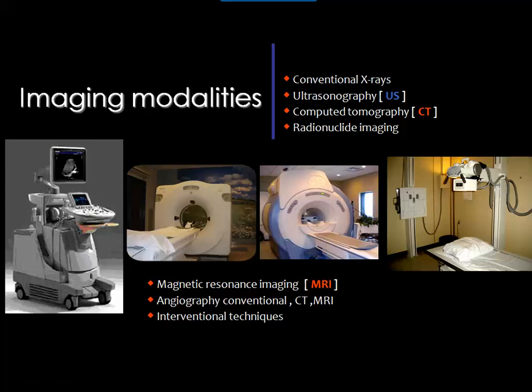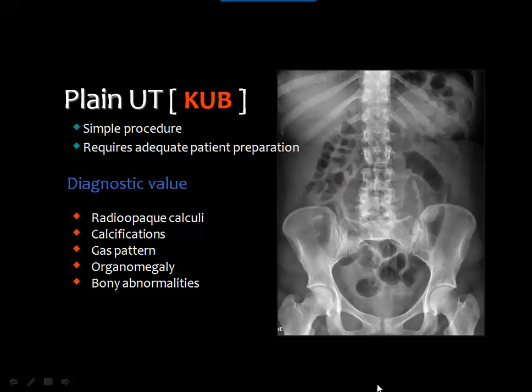And there is a persistent role for radionuclide imaging in the evaluation of the urinary tract. Then I will try to show some of the diagnostic values of the different imaging modalities and how we can use these modalities selectively for evaluation of particular lesions.